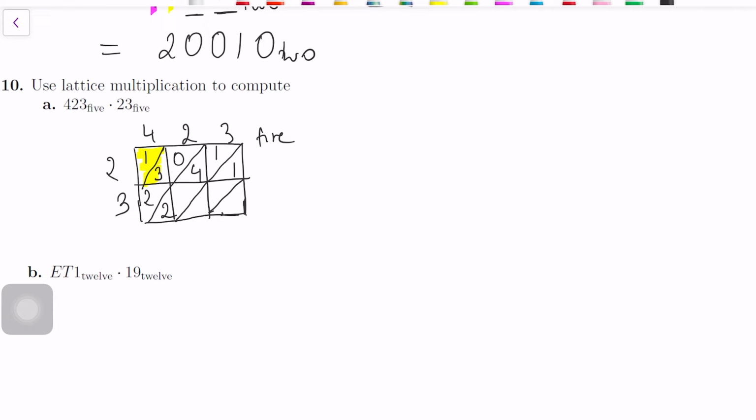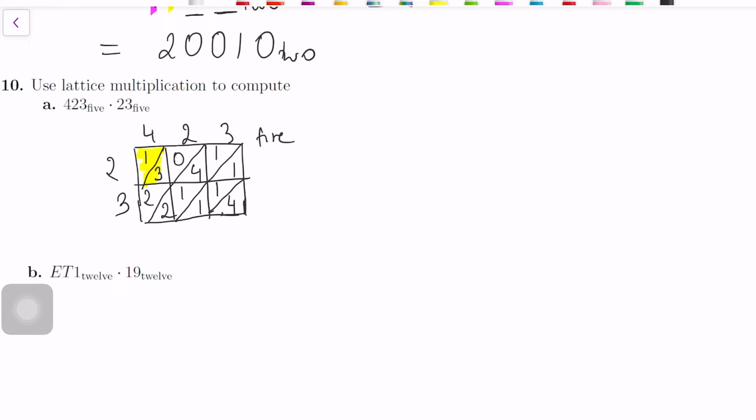So basically 2 fives and 2 units. 3 times 2 is 6, that's 1 long, 1 unit, 1 five, 1 unit. 3 times 3 is 9, 9 is 1 five and 4 units, okay?